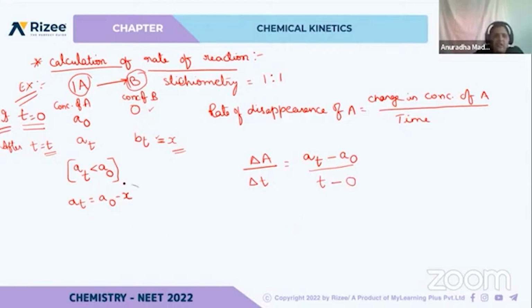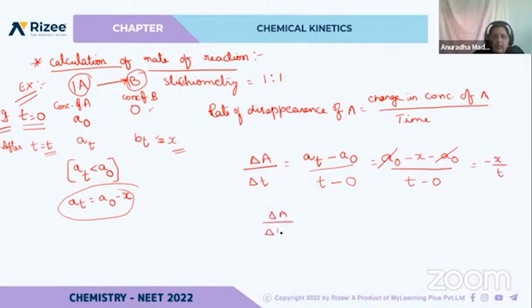Substitute the value of AT: A naught minus X minus A0, by T minus 0. So plus A naught minus A naught, that is equal to minus X by T. So delta A by delta T equal to minus X by T. That is equal to rate.